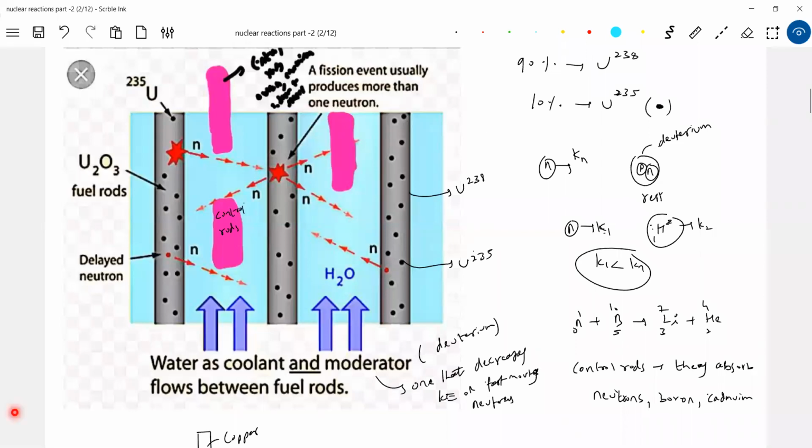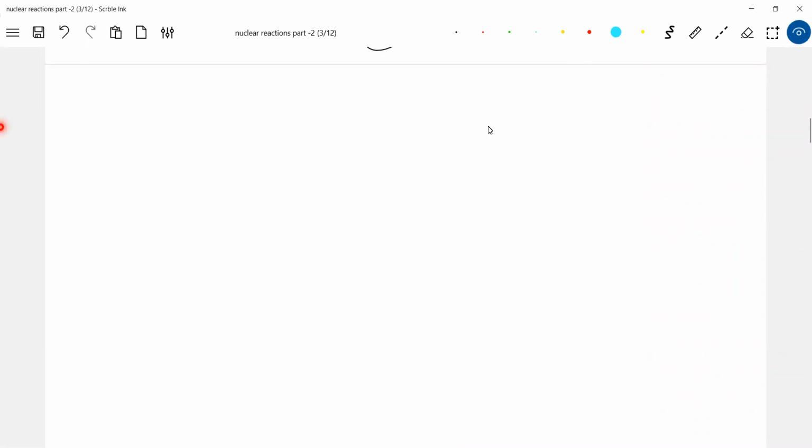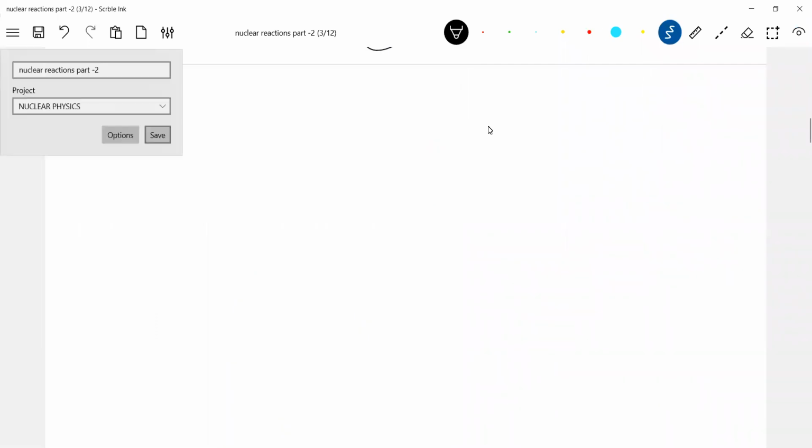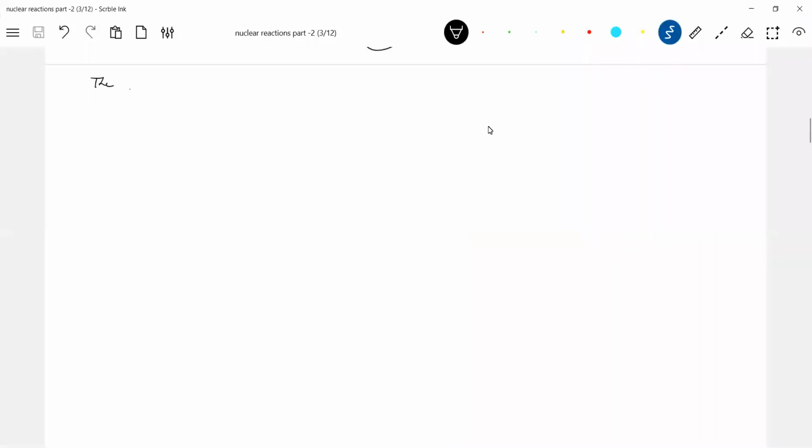I'll focus now on uranium-238, because the fuel rod is made up of uranium-238 and uranium-235.